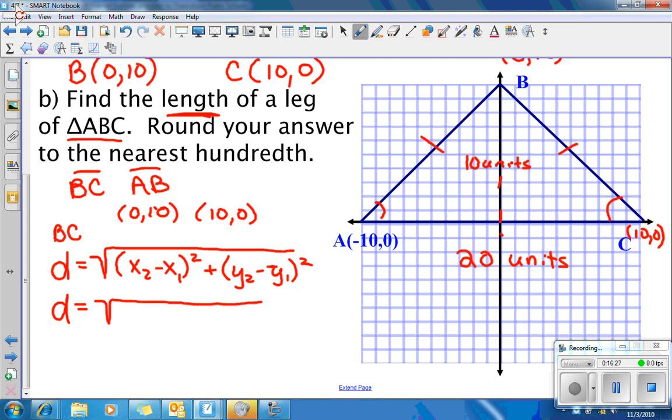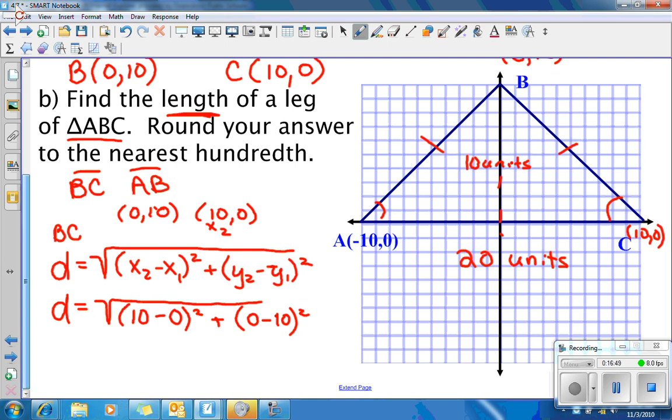So you're saying 10 minus 0, close, plus 0 minus 10, close parentheses, squared. 10 squared.